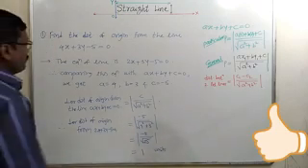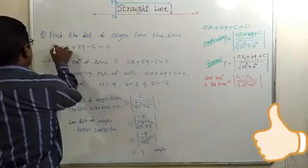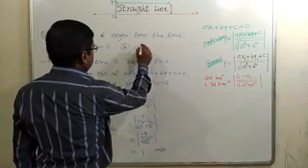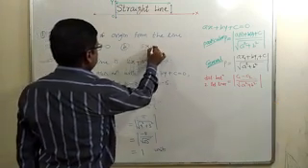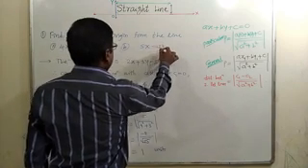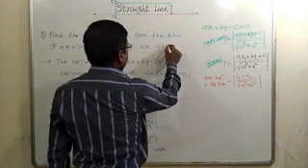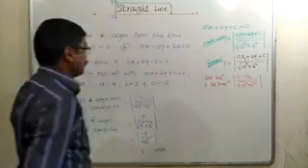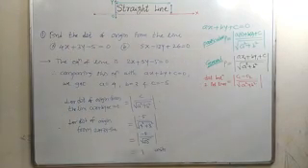Let us see another example. This was first A, suppose B, that is 5x minus 12y plus 26 equal to 0. Then what will happen?